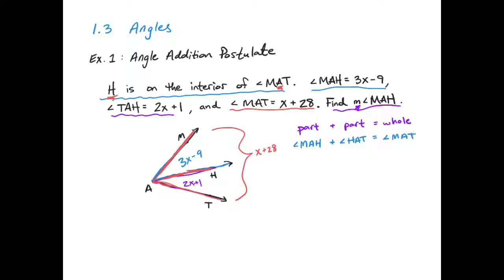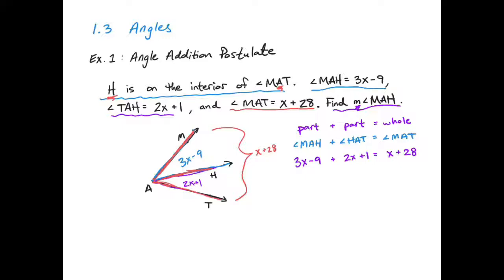That's called the angle addition postulate. So now we can plug the numbers in. MAH was 3x minus 9. HAT was 2x plus 1. And MAT was x plus 28.